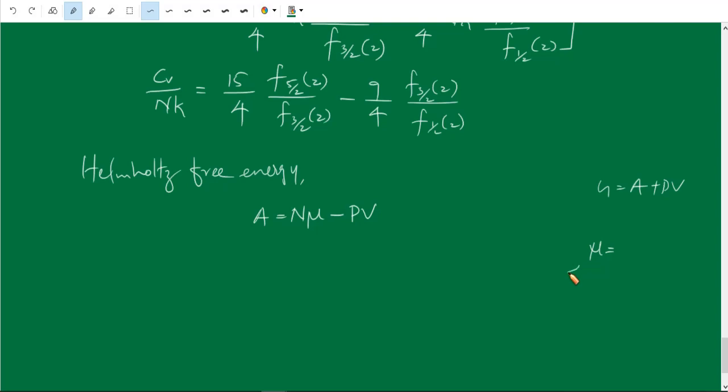Mu is equal to, or e raised to mu by kT is equal to z. Therefore mu divided by kT is equal to log z. So therefore we can write N times mu, mu is kT log z, minus PV.